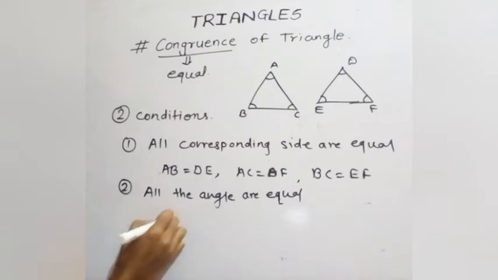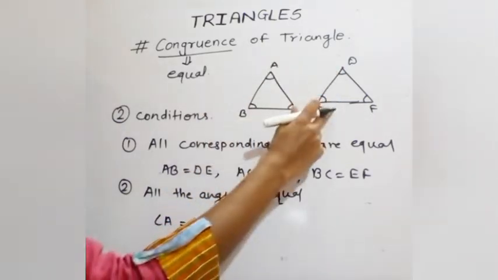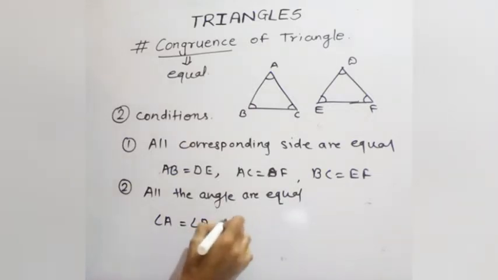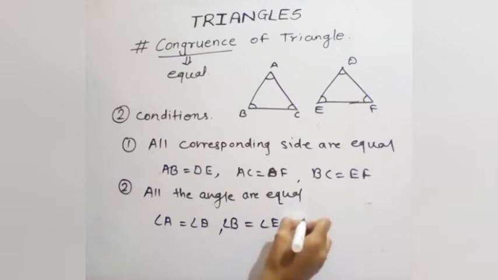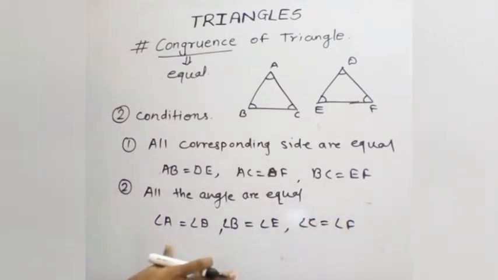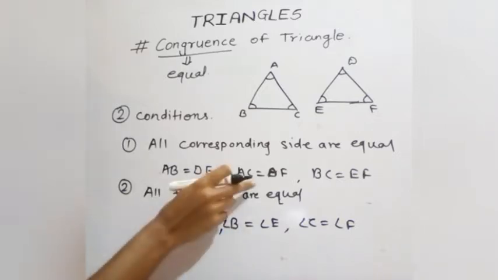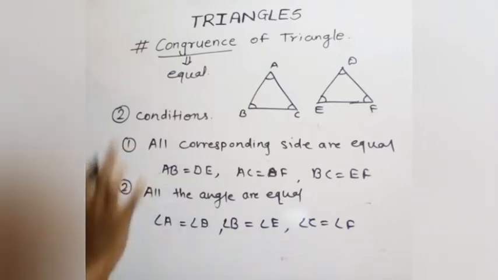So we can say angle A is equal to angle D, angle B is equal to angle E, and angle C is equal to angle F. So all these angles are equal to each other and all these sides are equal to each other, then we can say both these triangles are congruent.